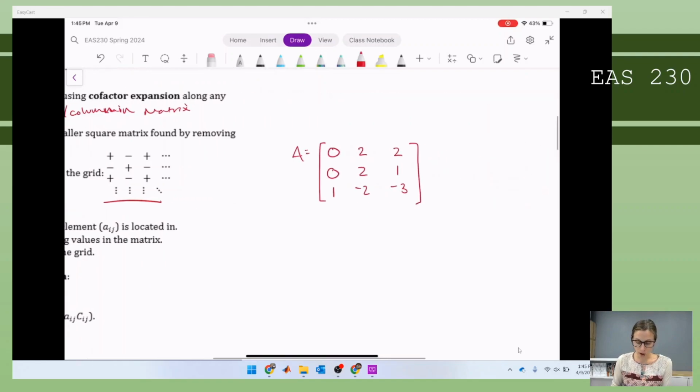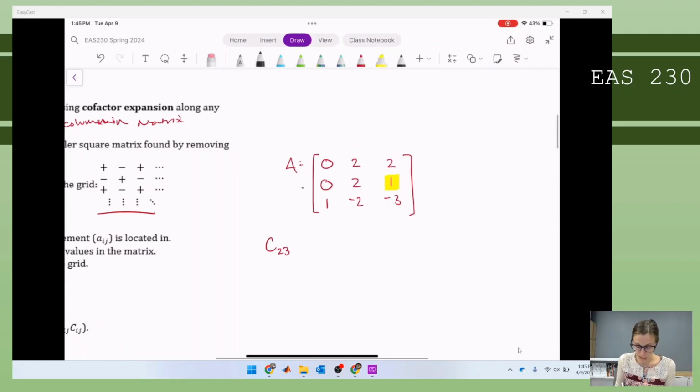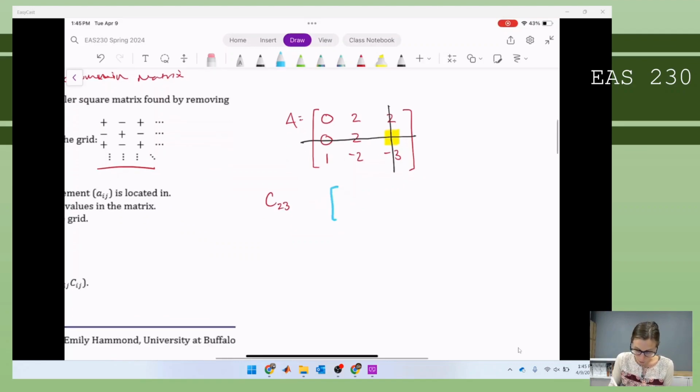For example, if I want to find cofactor 2, 3, so row 2, column 3, the cofactor corresponding to this one here, I remove the row and the column that element is in. That gives me the remaining values: 0, 1, 2, -2, the remaining elements in my matrix.